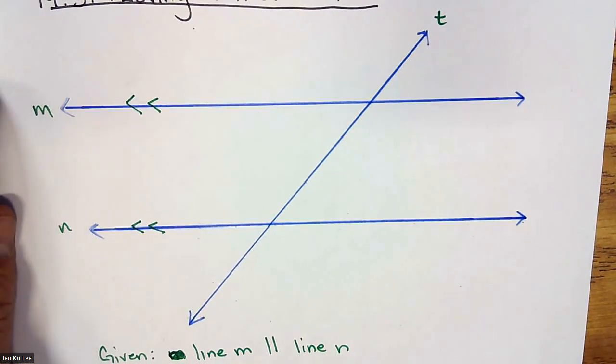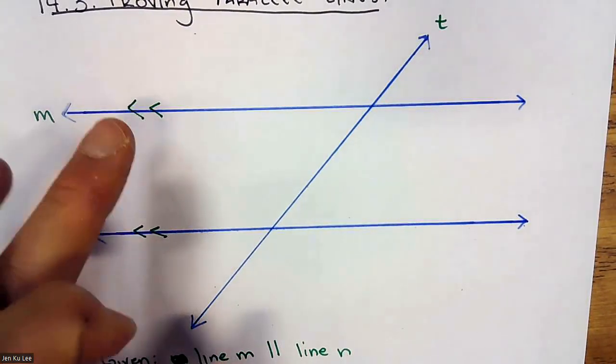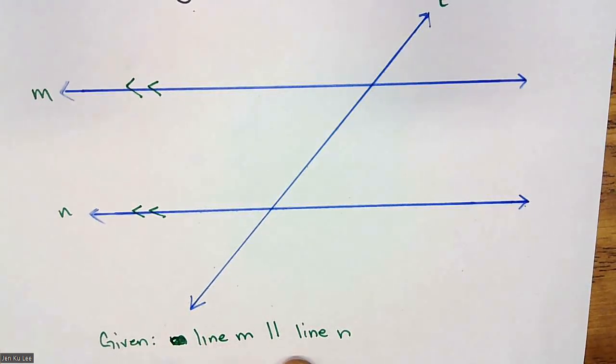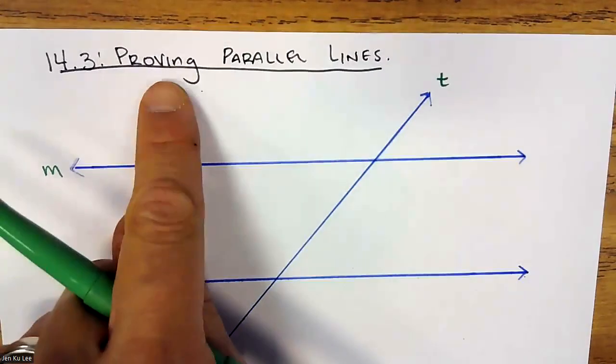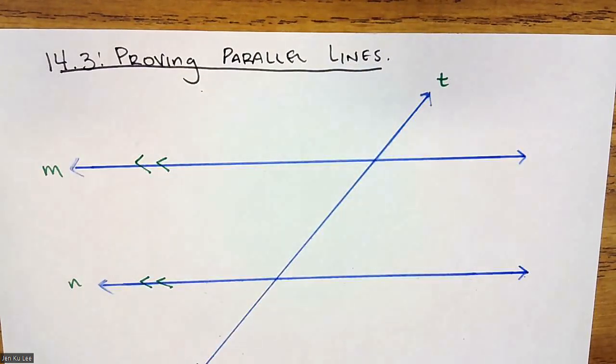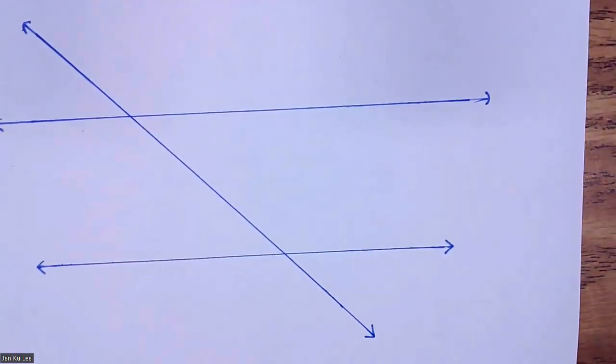Now, in this lesson, we're going to flip it around. We're proving our given statement. We have to prove parallel lines exist. So, for example, I'm just going to pull out another one.